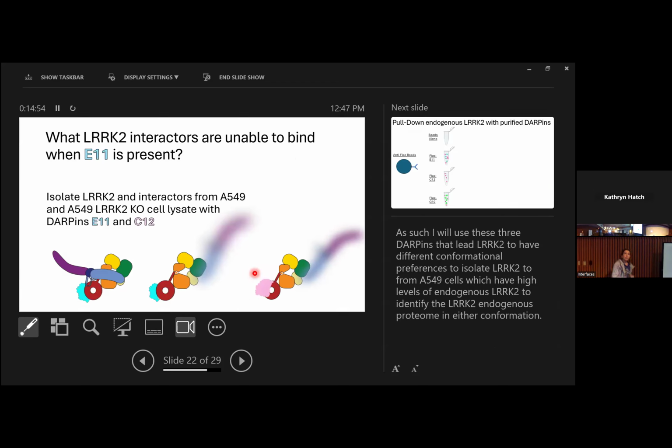To really dig into that, the next steps in my project are to use DARPin E11 and DARPin C12 to isolate LRRK2 from cell lysates, and then using mass spectrometry and other biochemical assays, see what comes out with LRRK2 when you have either E11 or C12 present compared to our LRRK2 knockout cells.